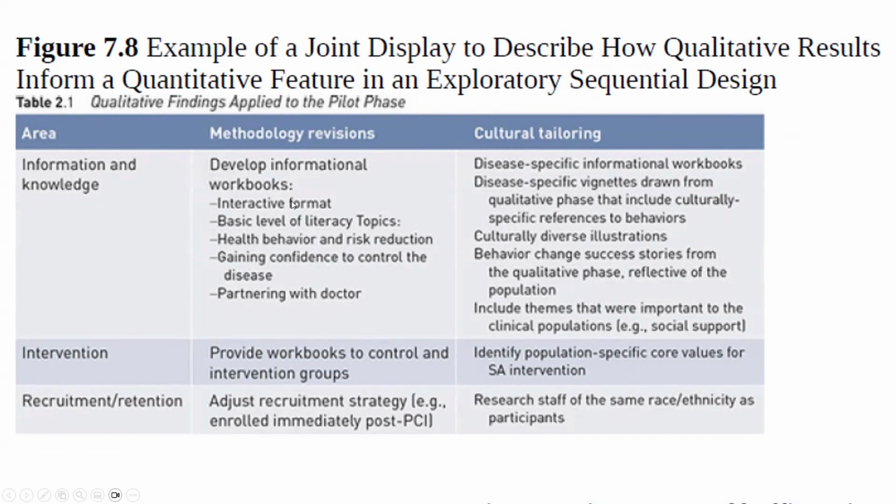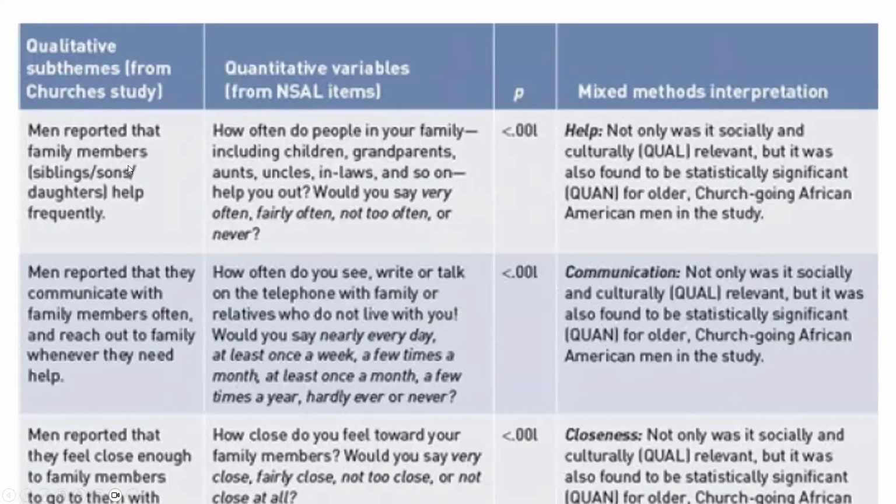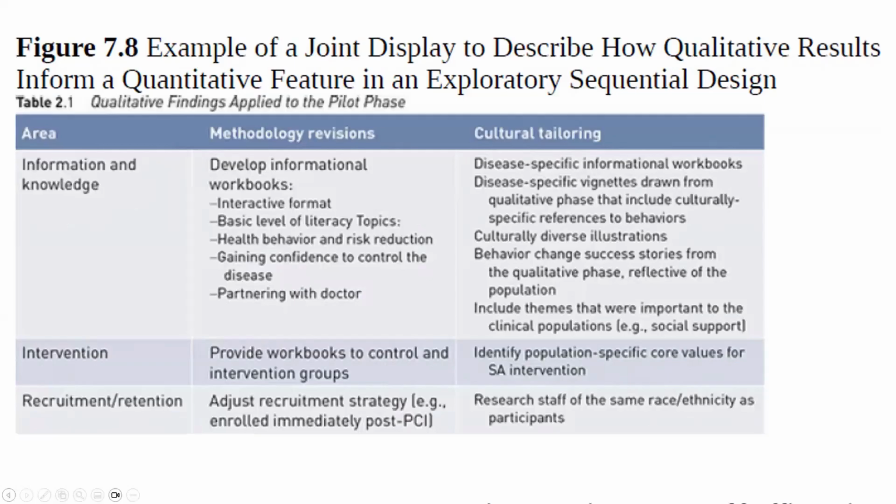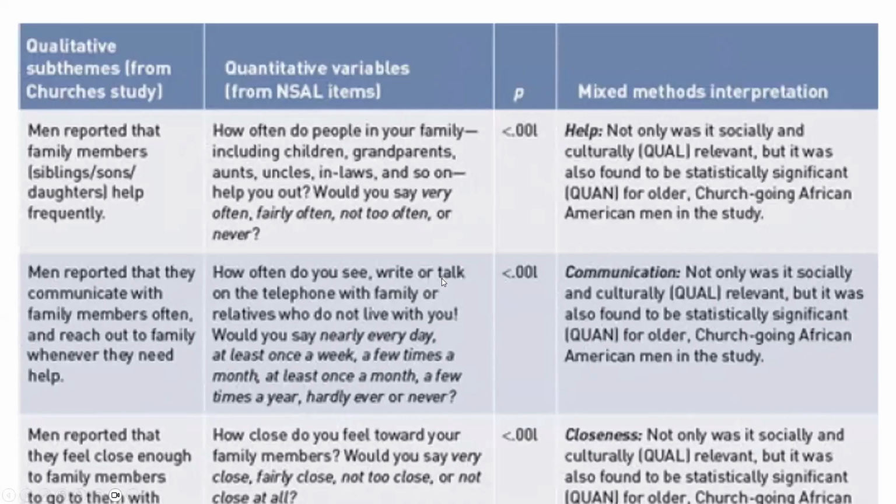These are the methodological formats you use. This is the cultural tailoring you use. This is how you intervene. This is how you recruit. So show all those in a table. You have to show how you revise that in both areas: your area, revision, and cultural tailoring. First you have to show that.